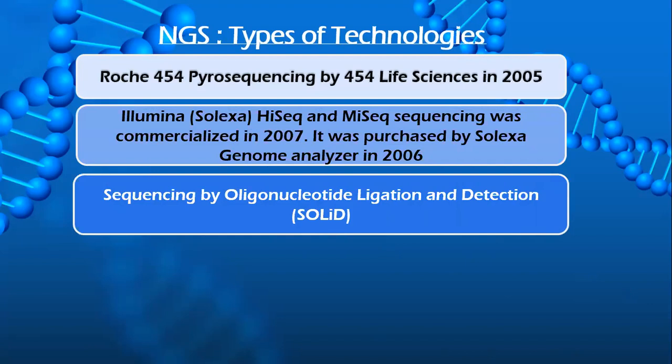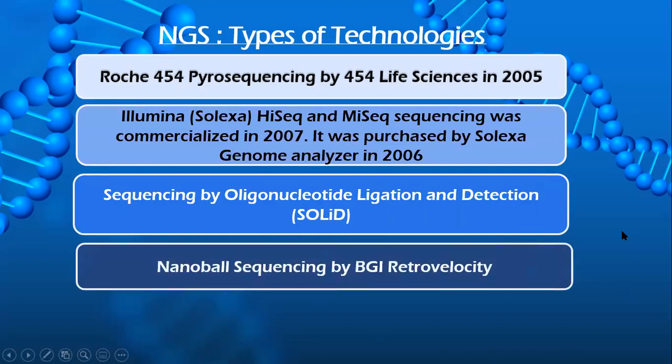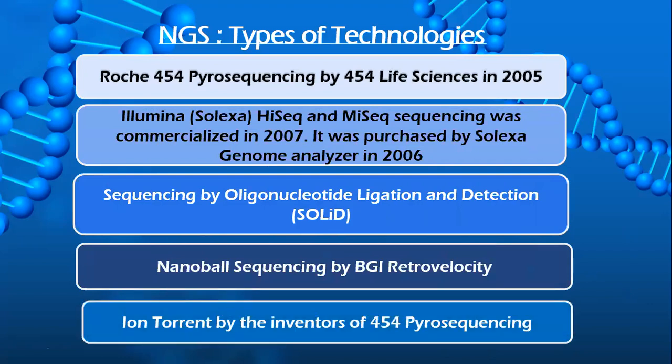Then there's sequencing by oligonucleotide ligation and detection called SOLiD. And there's nanoball sequencing by BGI Retrovolocity. And there's also Ion Torrent by the inventors of 454 pyrosequencing. I will be talking about a few of these technologies in more detail in the coming slides.